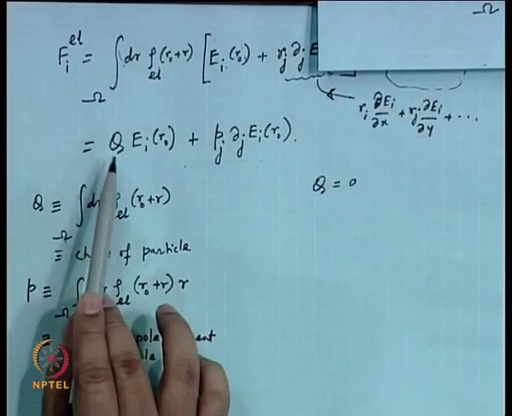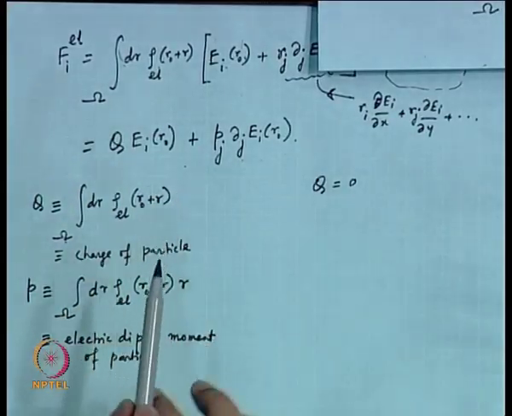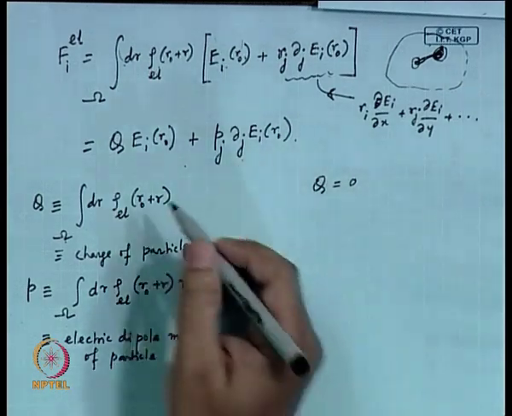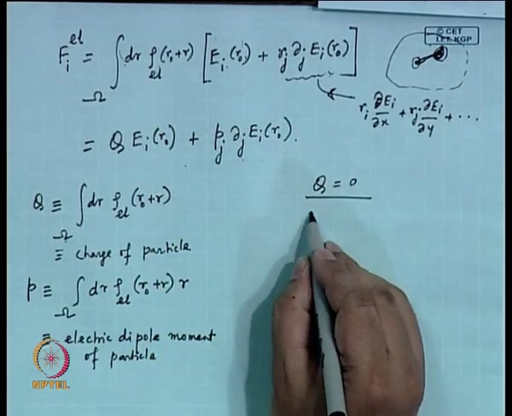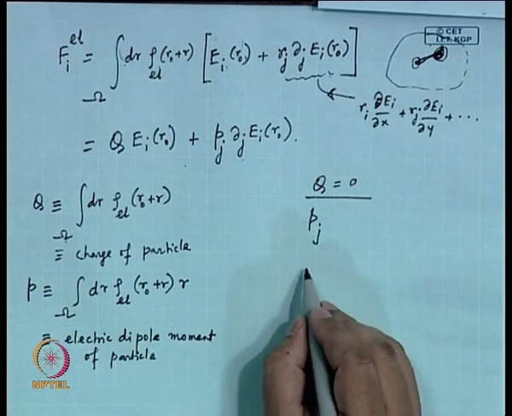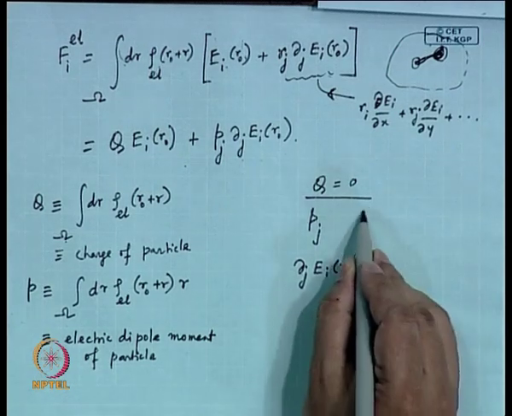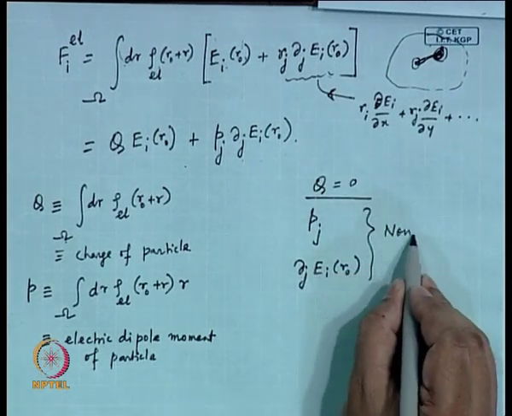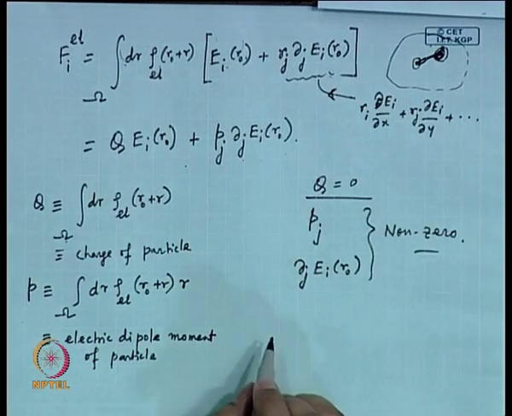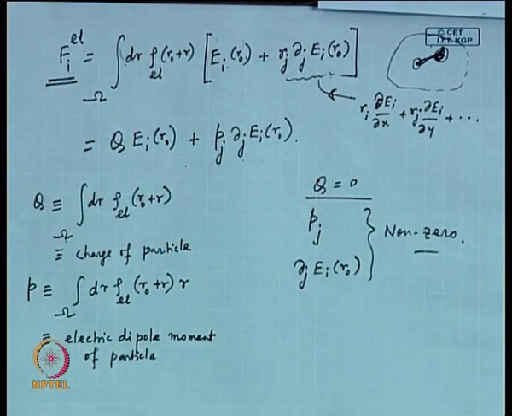Okay. The one catch here is that for this E term, the capital E, we assumed that the electric field is uniform, but what this analysis says is that even if Q is equal to 0, if P_j and del_j E_i, these two terms, are non-zero, then still there can be a body force F_i EL possible.